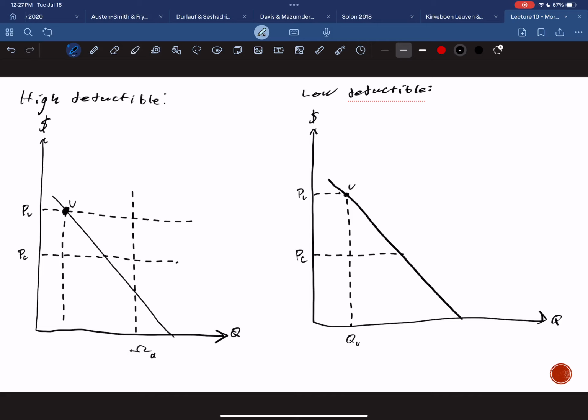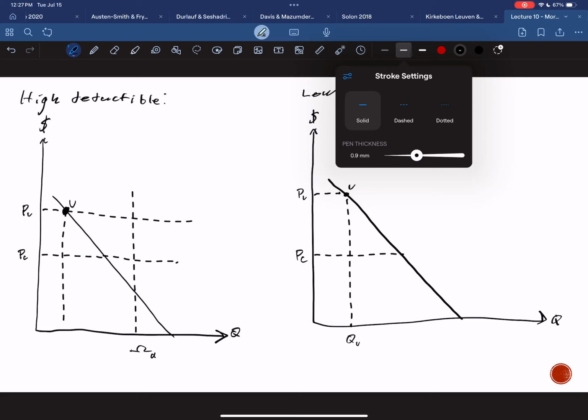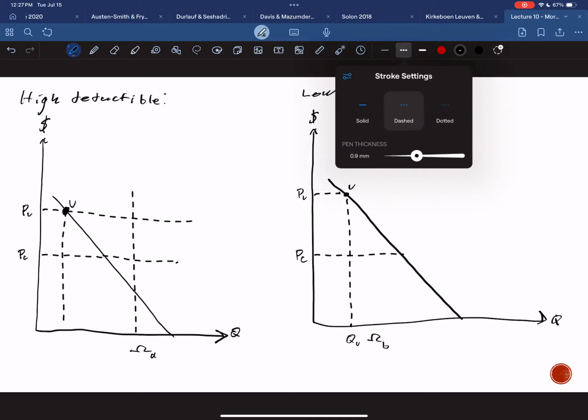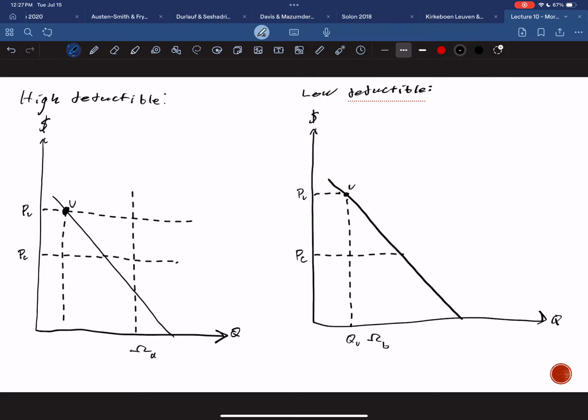Right, and now let's say my deductible is lower. So let's say my deductible is like here, right? Omega B. So my deductible's here now. Let's do a dashed line, just to be consistent, right? So this is my new deductible, right?